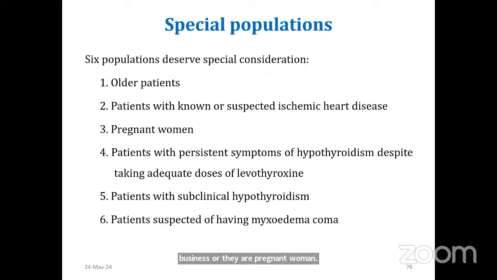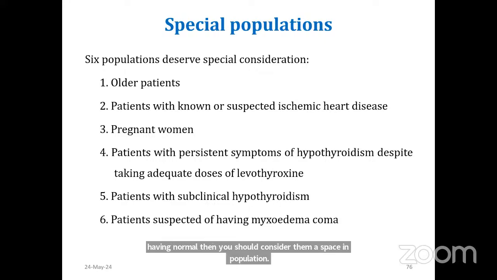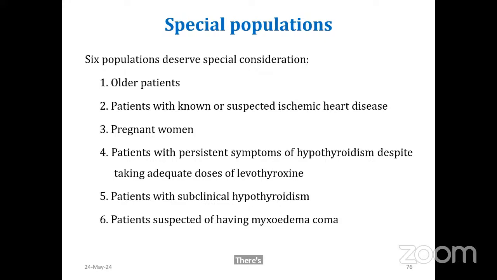So, in spite of taking the medication, if the patient is not having normal thyroid function, then we should consider them a special population. Patients having subclinical hypothyroidism must be monitored for a long time, so they are also a special population. And patients suspected of having myxedema coma are also a special population, and it needs careful consideration while dealing with them. Next.